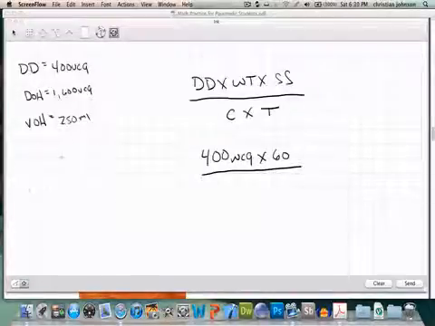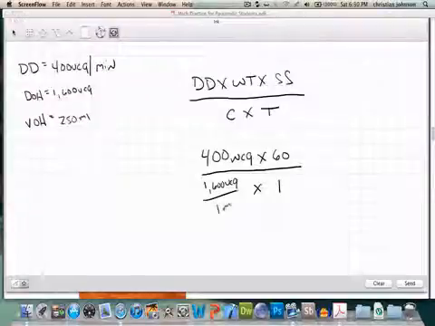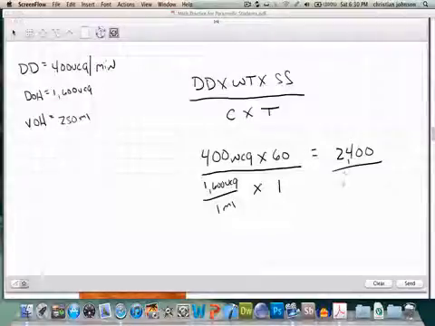Remember, my desired dose is 400 mics a minute. So right here is time. Down here, this is my dose on hand. I've already concentrated it out, so I have 1,600 mics in 1 ml. So if I do the math here, I get 24,000 over 1,600.